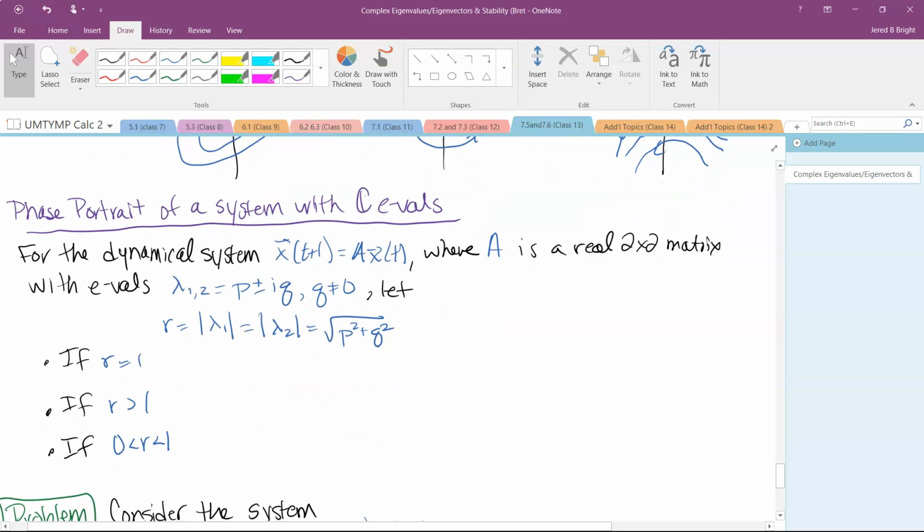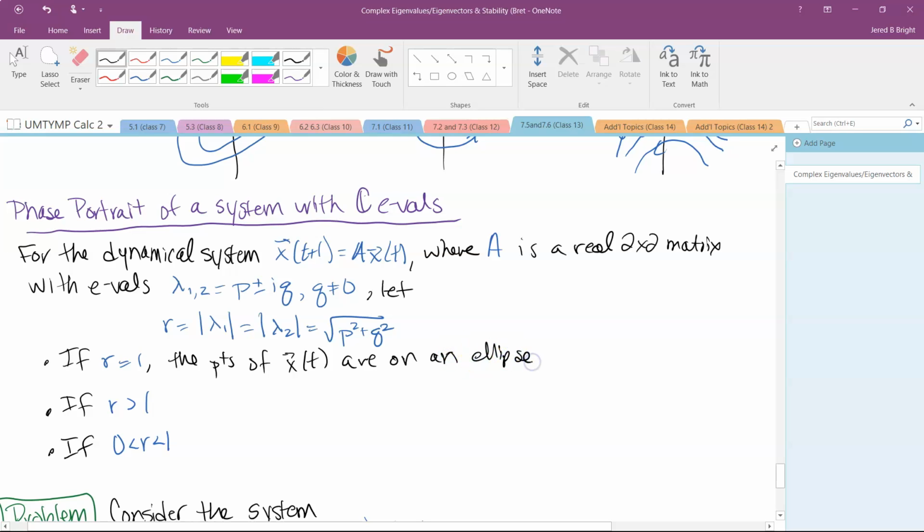Okay, if r is equal to 1, what is going to happen? Well, we're going to say the points of x of t are on an ellipse.